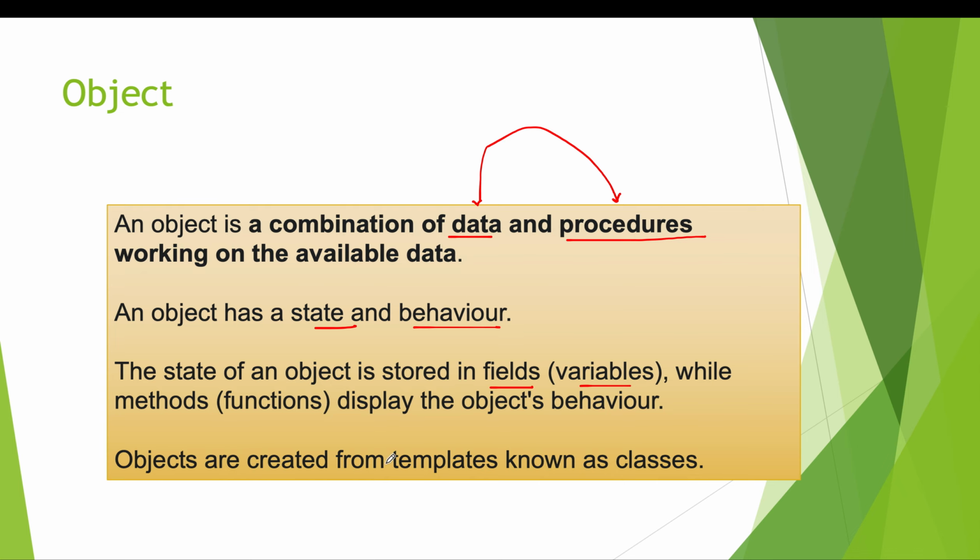So objects are created from templates, which are called classes. So objects exist, but the existence of an object is possible due to classes. So classes, you can say, are the main parents, and those classes are giving a particular functionality or particular framework, and through that framework these objects are created.